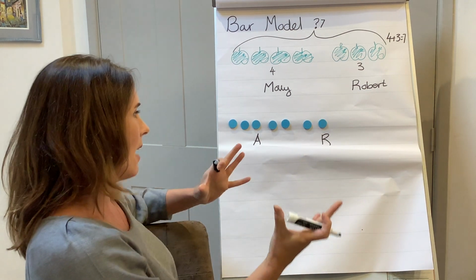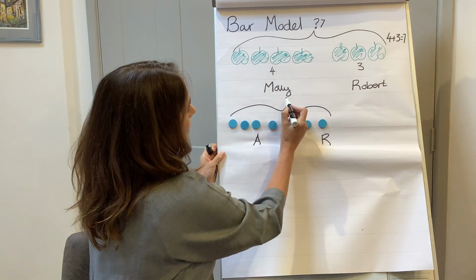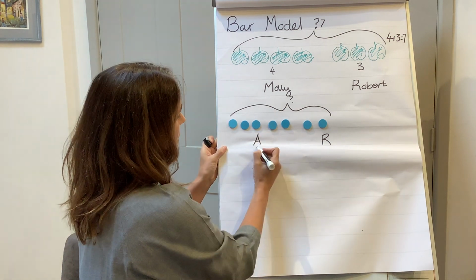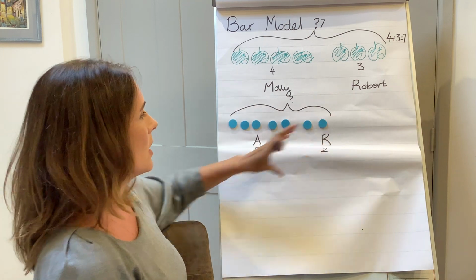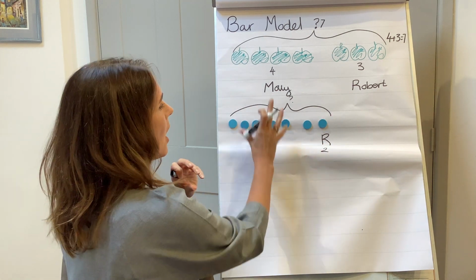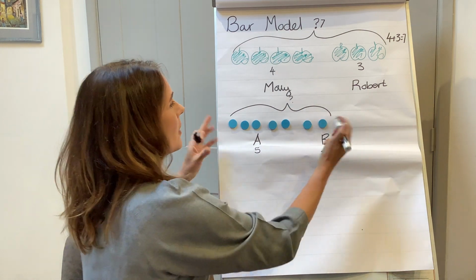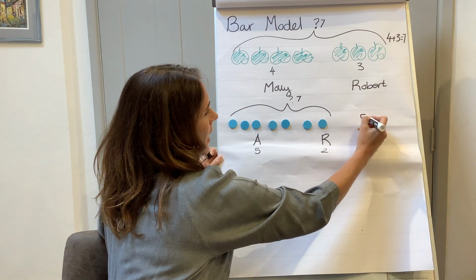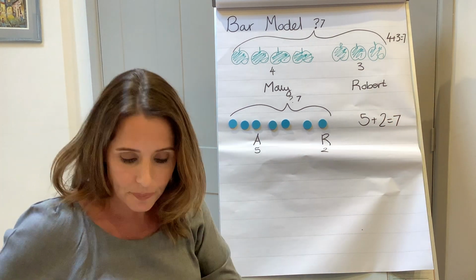How many cakes do they have all together? So we're trying to find out how many all together, that's the bit we're trying to find out. So we can use the counters, we know there's 5 here and 2 more there. So 5, add 2, if we know our number bonds, or start at 5, subitize, add on 2 more, 6, 7 is equal to 7. And we can record our calculation at the side. 5 add 2 is equal to 7.